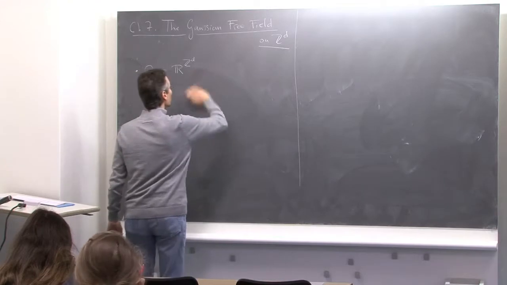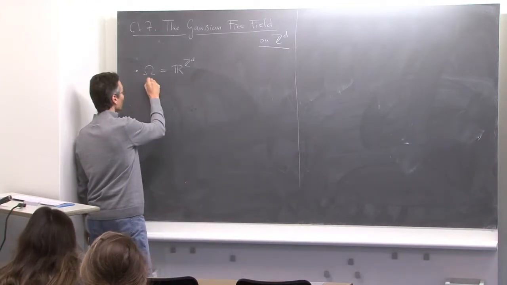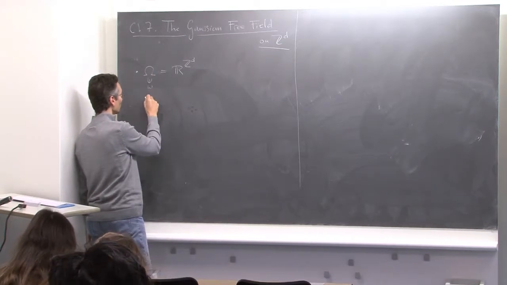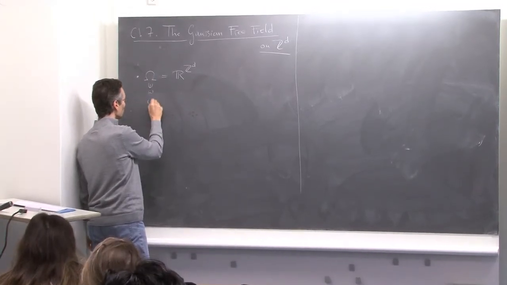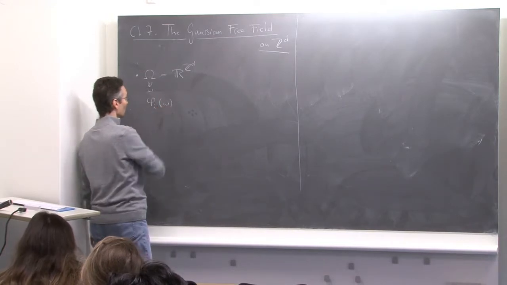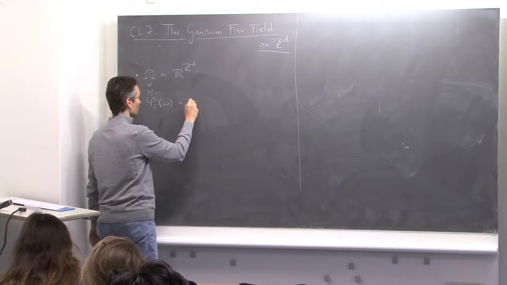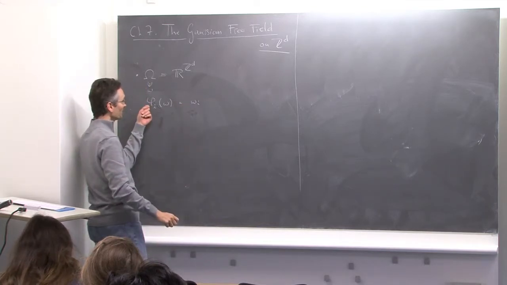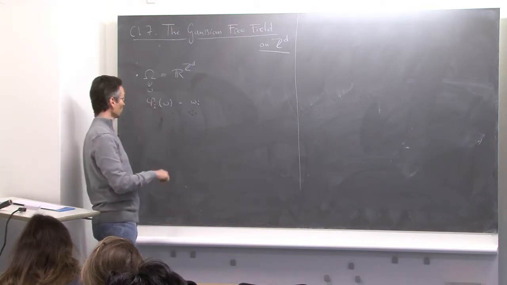The basic random variables are defined in the same way. I take some configuration omega in capital Omega, and then I can define a random variable which I will denote by phi_i. So phi_i of omega is just omega_i, exactly as we did in the Ising model. We called them sigma_i in the Ising model. Now the random variables I want to call phi_i.